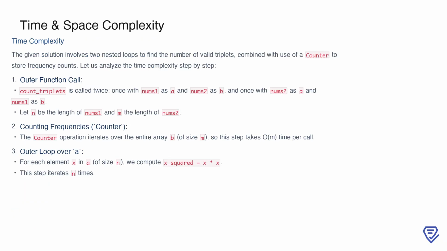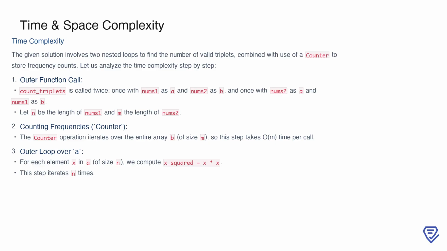To analyze the time complexity of our solution, we start by breaking it down step by step. First, the function count_triplets is called twice, once with nums1 as A and nums2 as B, and then with the roles reversed. If we let n represent the size of nums1 and m represent the size of nums2, this means we are performing two major computations.